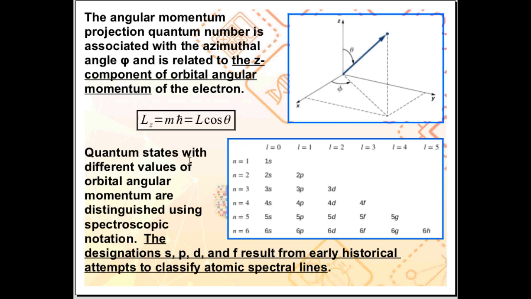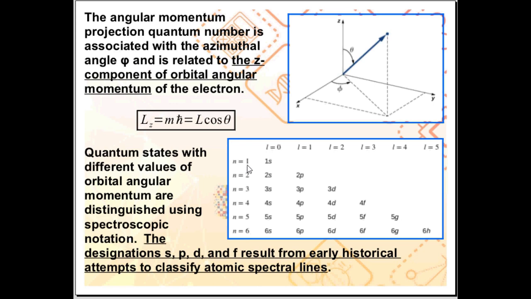Quantum states with different values of the orbital angular momentum are distinguished using spectroscopic notation. When we say quantum states, we're talking about different values of the principal quantum number n. So n1, n2, n3, n4, n5, n6.